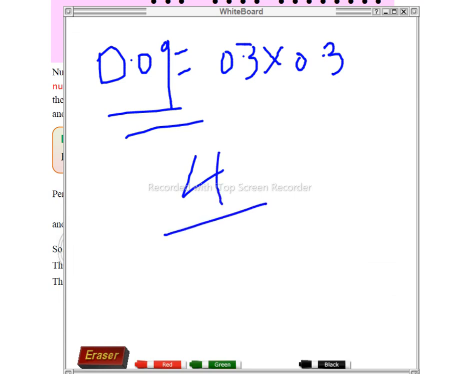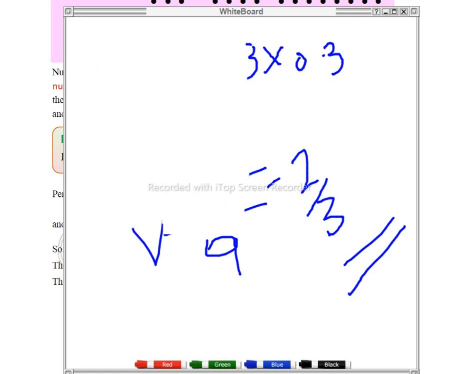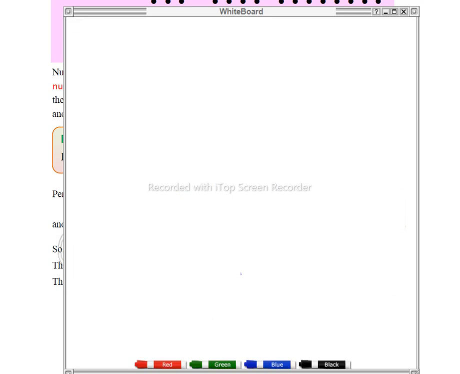For example, if you take 4 over 9 and take the square root, it gives us 2 over 3, because 4 means 2 times 2, and 9 means 3 times 3. So this is a perfect square. We can give many examples, but we will see them in detail in the exercise.